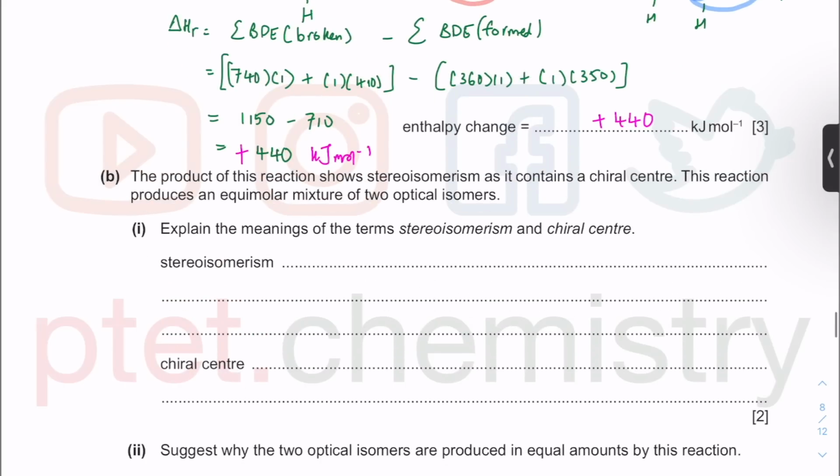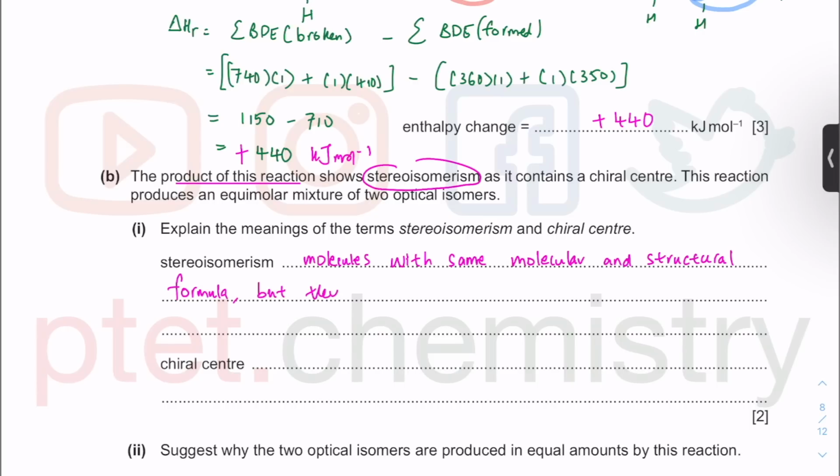Now the product of this reaction shows stereoisomerism. We know that stereoisomers refer to molecules having the same molecular formula and also the same structural formula. That is why they are not called structural isomers. They are called stereoisomers. But what is different?